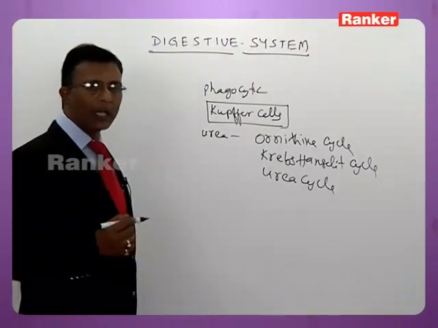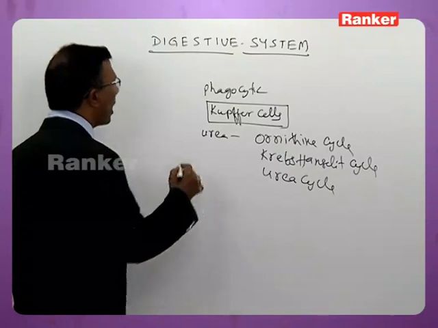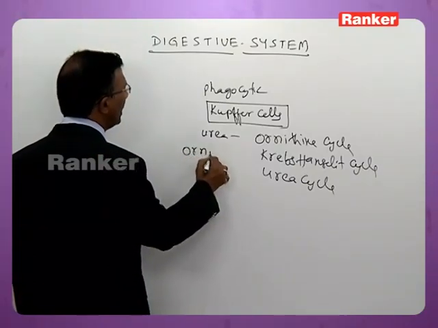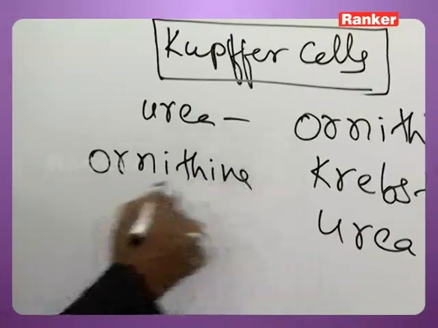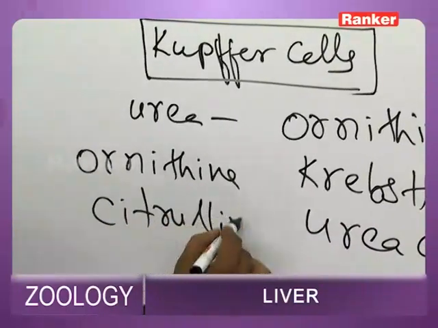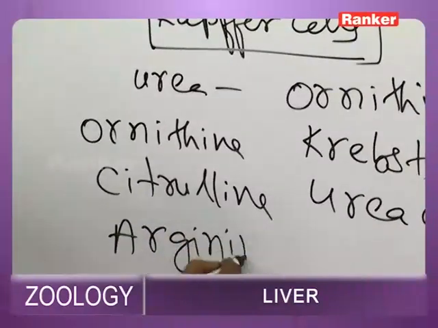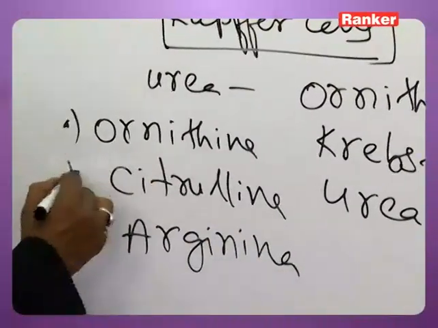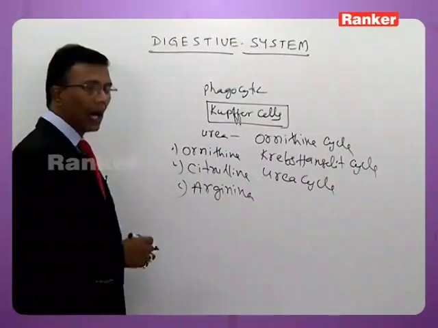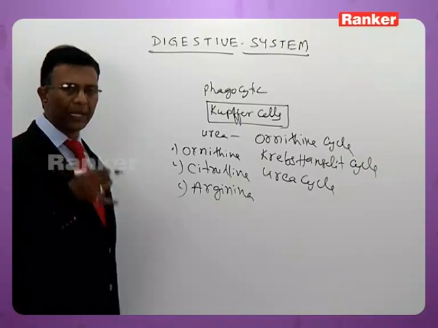Now, why is it called the ornithine cycle? It involves intermediate products called ornithine, citrulline, arginine. These are the intermediate products of the ornithine cycle. This we shall take up later on in detail.